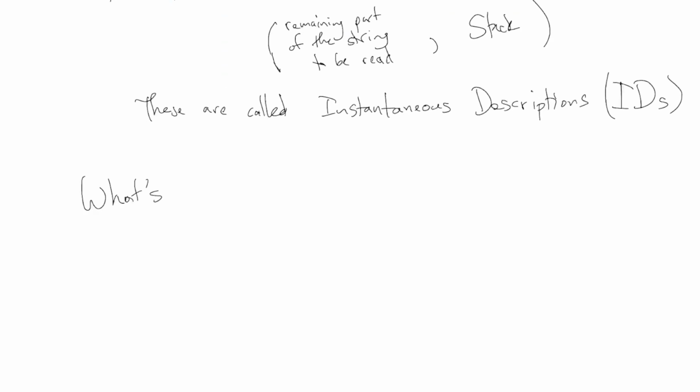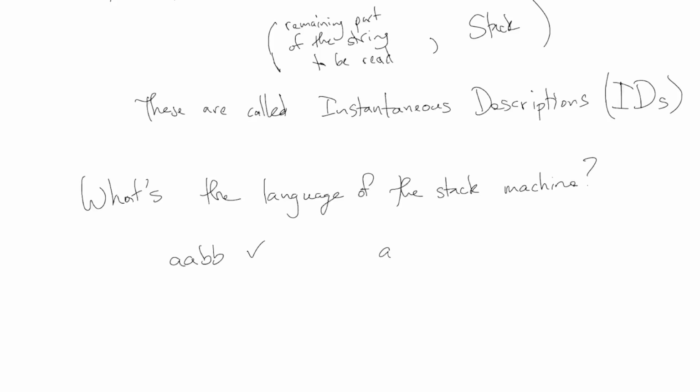All right, in this example, the standard usual question that we're going to ask, of course, is what's the language of this stack machine? And of course that means what is the set of all strings which are accepted on the machine? Right, we did AABB and that was accepted. We did ABAB and that was rejected.